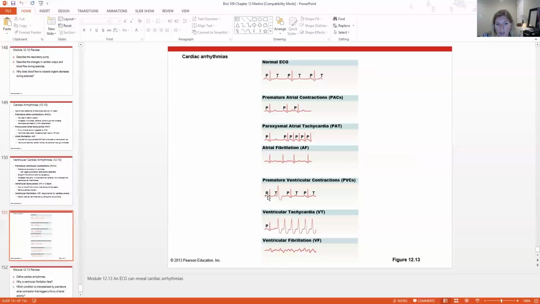Premature ventricular contraction is when you have this T-wave that isn't occurring where it should be along the EKG cycle. Ventricular tachycardia, notice you just have a little P-wave and then lots of ventricular depolarizations, and then VFib, your heart rate's all over the place because it's just fluttering, and notice there's no actual depolarizations happening. It's just a little bit because it's fluttering.